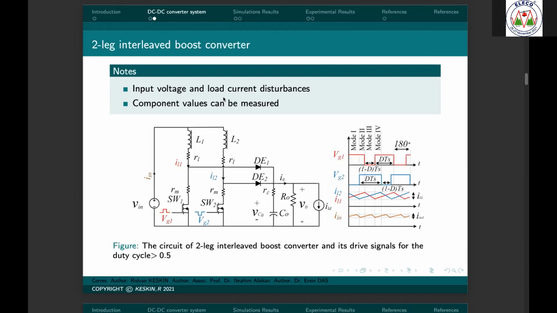Do you remember the label of the power diode? Which diode did you use?